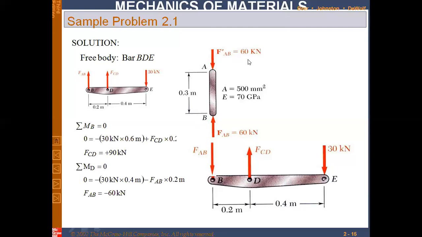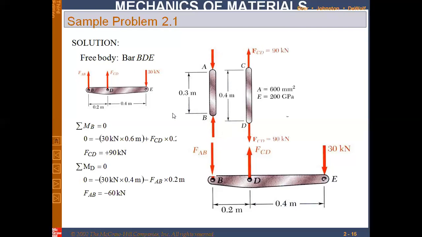The magnitude would be the same because it must also be in equilibrium. So now you could see that this link AB is under compression. The load is compressive loading. So what would happen because of this loading? Deformation would occur. There would be shortening in length of this link.